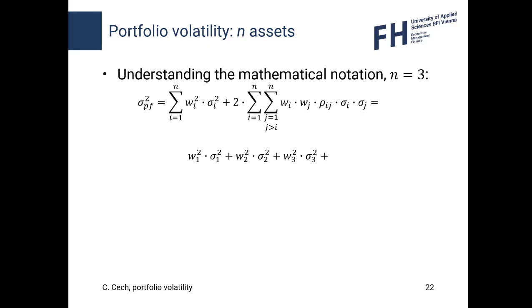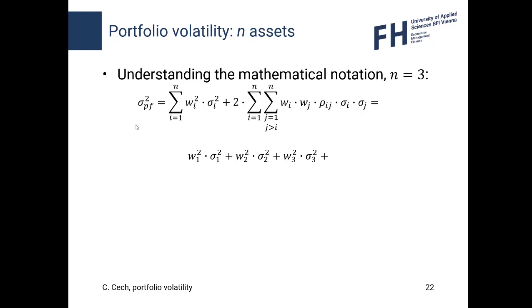Having presented to you a cookbook recipe for how to calculate the portfolio variance, respectively volatility, I now want to devote the next few minutes to the interpretation of the mathematical notation that is somewhat complicated.